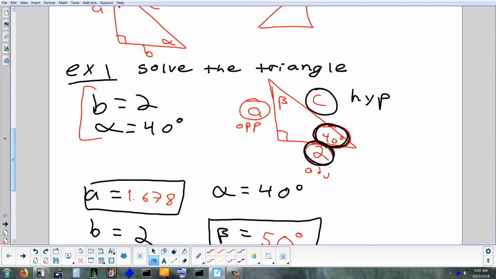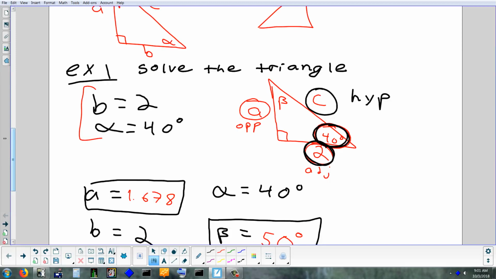So now we have to ask ourselves, are we using sine, cosine, or tangent? To figure that out, look at the side that you know, look at its name, look at the side you want to know, look at its name. We know the adjacent, we want the hypotenuse. Out of sine, cosine, and tangent, only one of those has adjacent and hypotenuse in it.